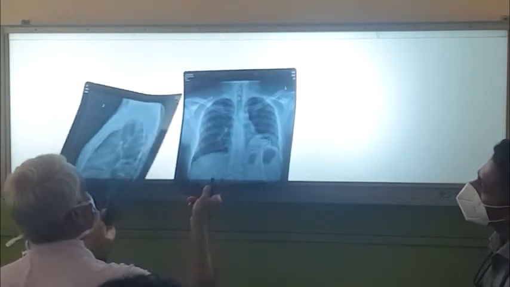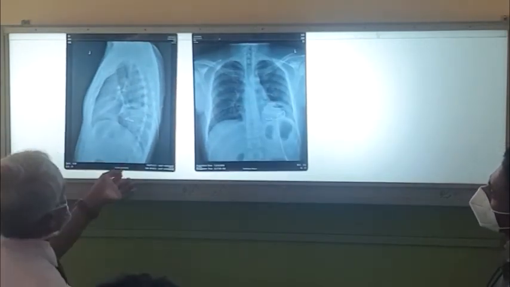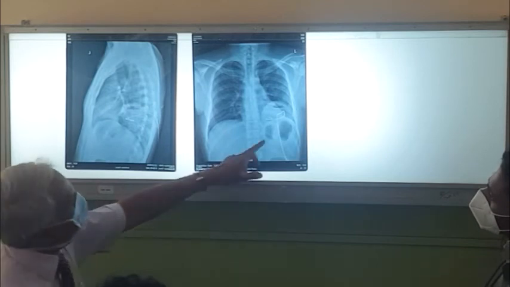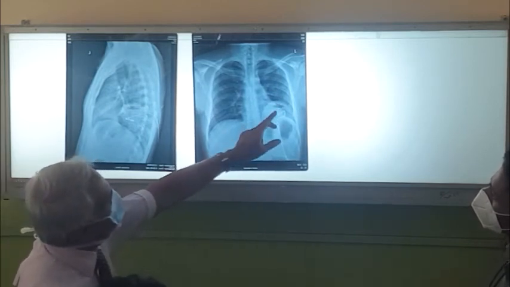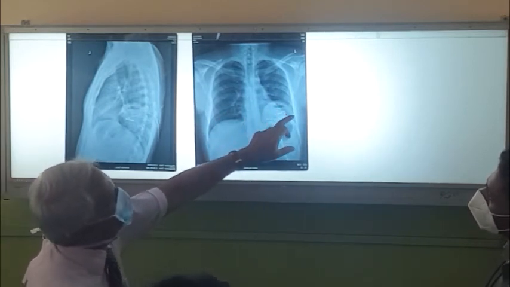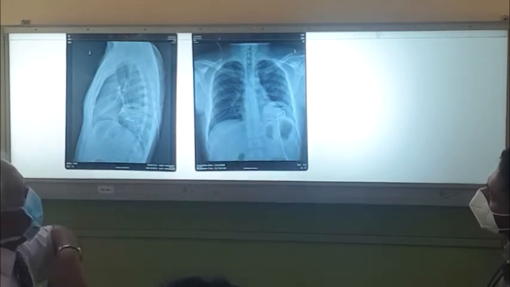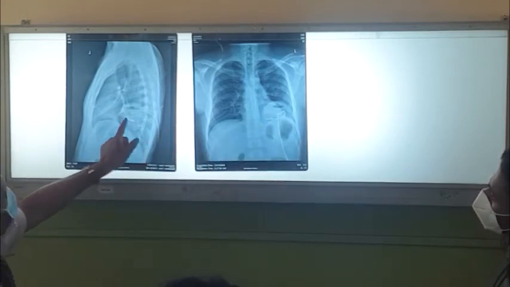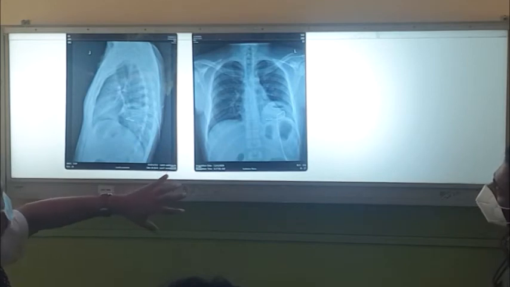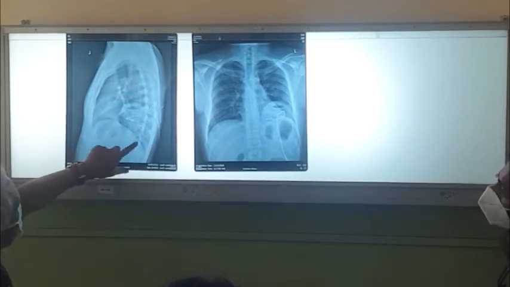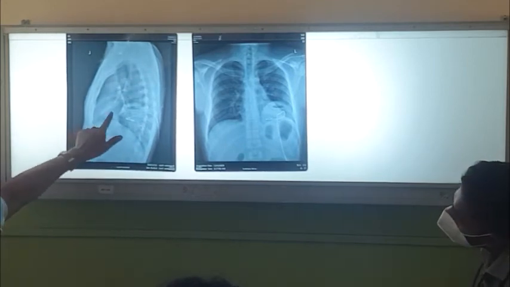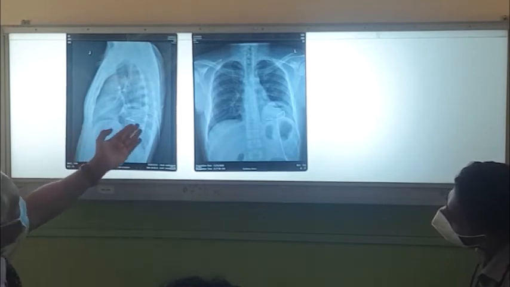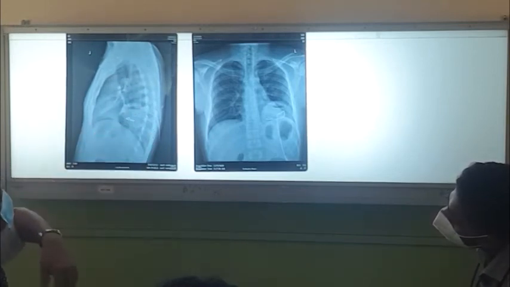Just to show you one patient who came recently, right? This is the left side. You can see a left lung abscess, and we have put a pigtail catheter there, and it got better. This is the right hemidiaphragm, you can see it nicely. The left hemidiaphragm you can't see because above that the abscess is there.